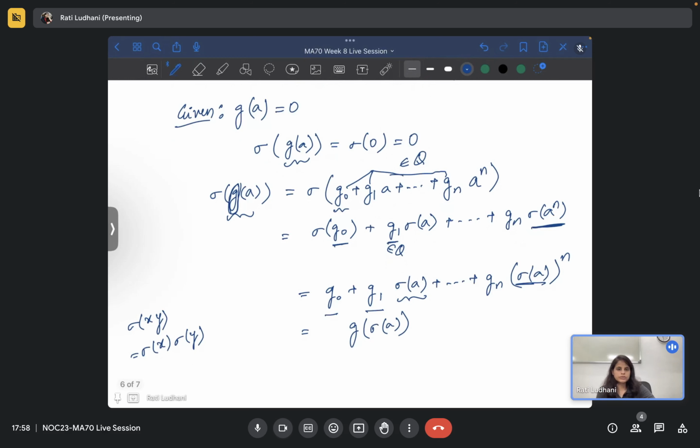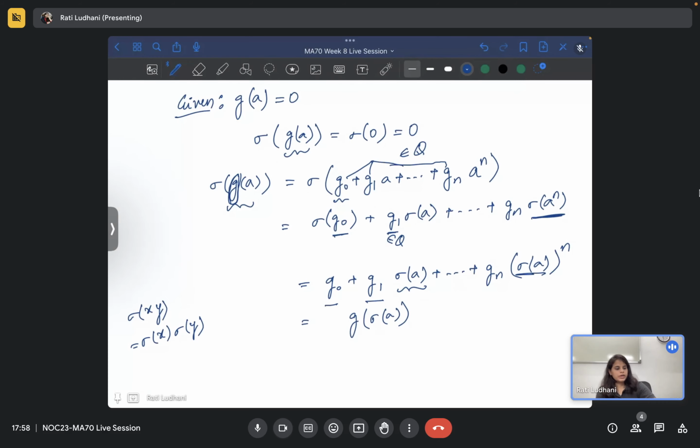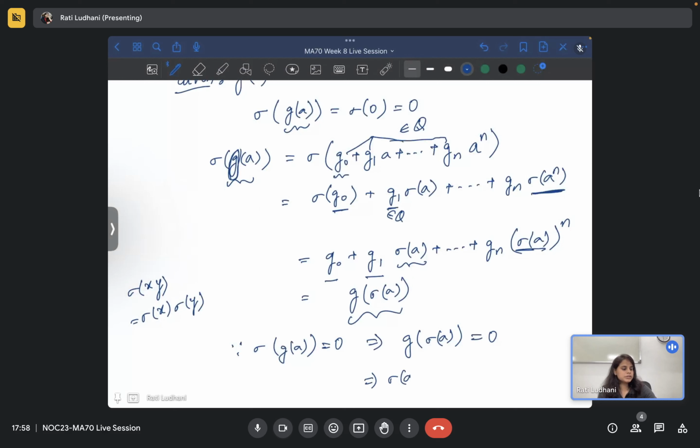We have not used even isomorphism. So we have this condition. This is equal to, since sigma of g(a) is equal to 0, as we have seen, sigma of g(a) is the same as g of sigma a. So this is also 0. And what does this mean? This implies sigma a is also a root of the polynomial g.